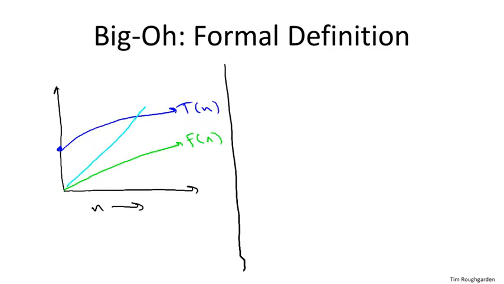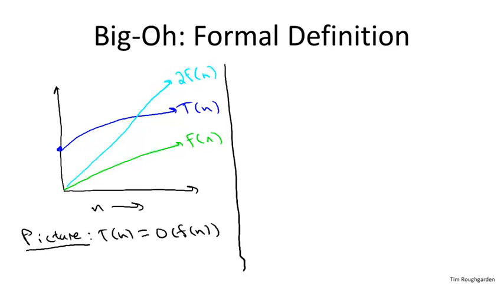But when we double f of n, we get a function that eventually crosses T of n and forevermore is larger than it. So in this event, we would say that T of n indeed is big O of f of n. The reason being that for all sufficiently large n, once we go far enough right on this graph, indeed a constant multiple times f of n, twice f of n, is an upper bound on T of n.